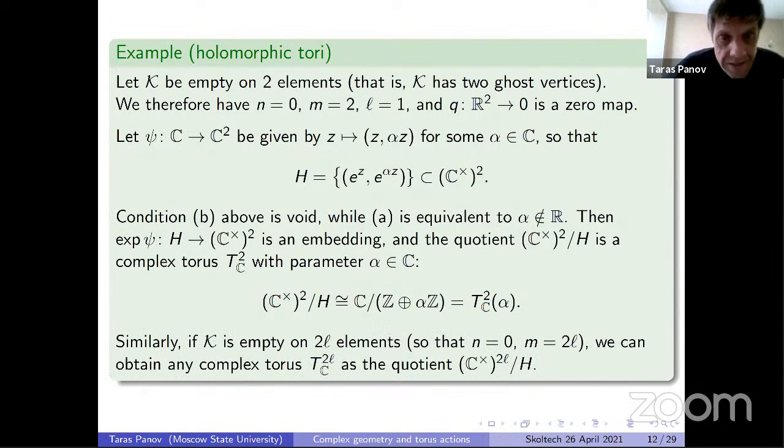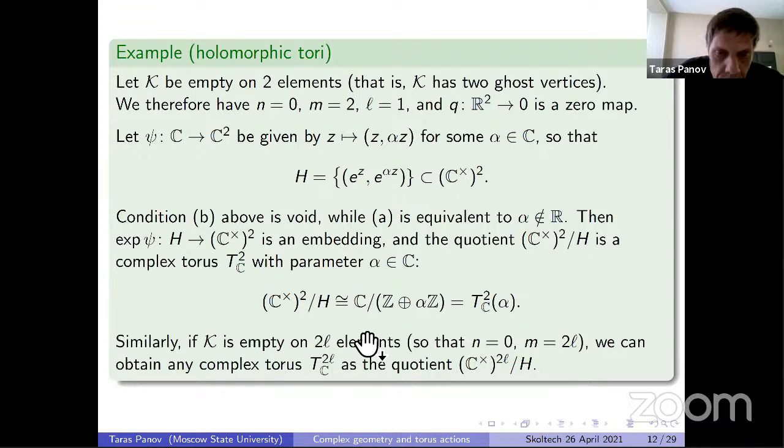And you can do the same business with an arbitrary holomorphic torus. So we started with the empty simplicial complex on 2L elements. And by varying this map from CL to C2L, you can get any complex torus as this quotient.